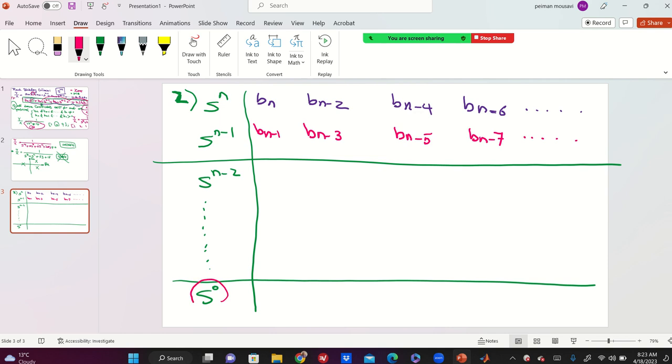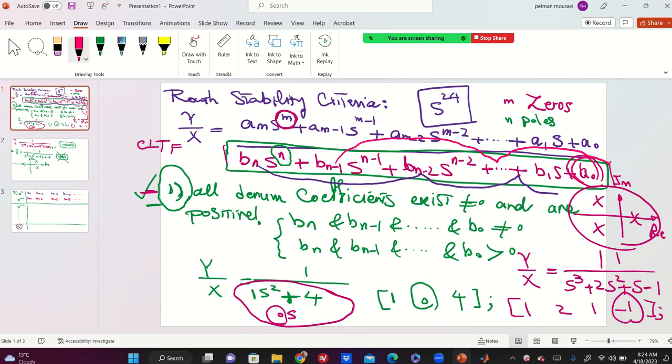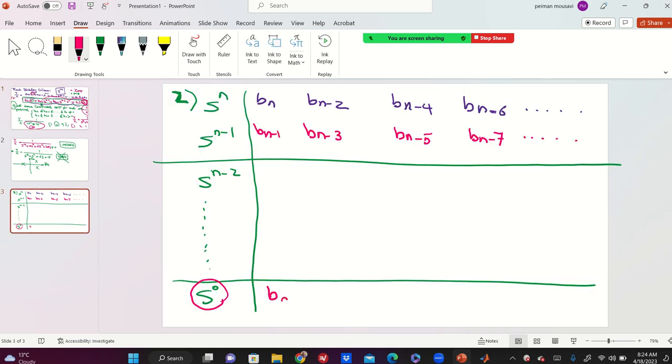The last line, you don't need to do anything. Just copy this b_0 from here. Now you have to do some operation. You multiply this by this, minus this by this, divided by this. You're going to say (b_(n-1) b_(n-2) minus b_n b_(n-3)) divided by b_(n-1).